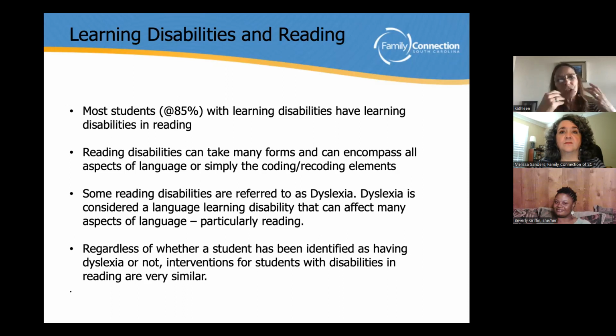And it's always helpful to realize this last point here, that regardless of whether a student has been identified as having dyslexia or not, most of the interventions that are going to be provided to students with learning disabilities are going to be very similar, whether a child has dyslexia or does not have dyslexia, because we tend to see the same root problems occurring.